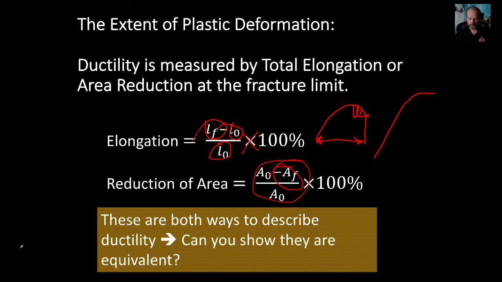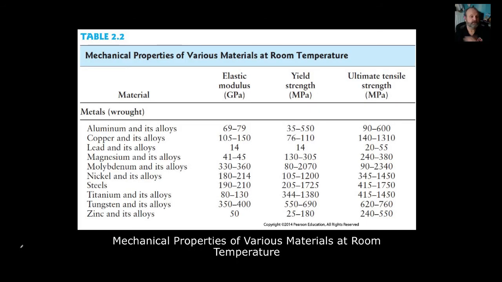All right. So here's a typical table of materials, and we look at the yield strength, the ultimate tensile strength, and the elastic modulus. So remember, the elastic modulus is the slope of the stress strain curve. So if it has a higher slope, it's stiffer.